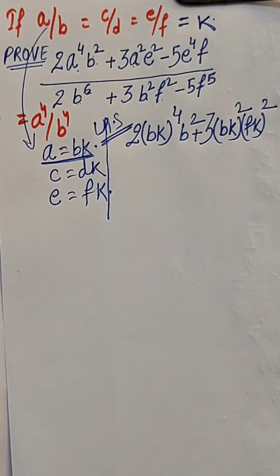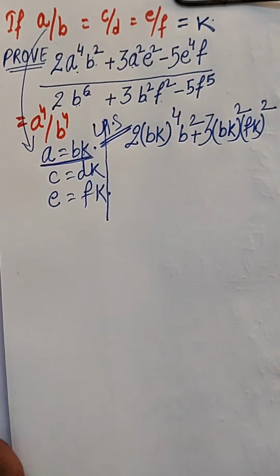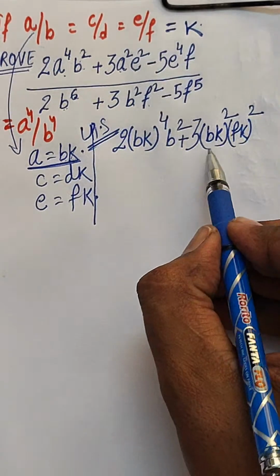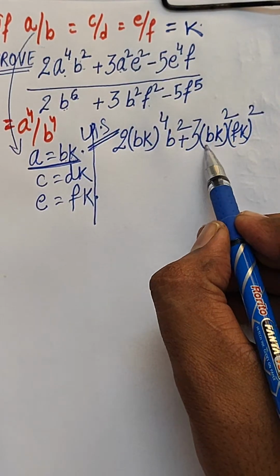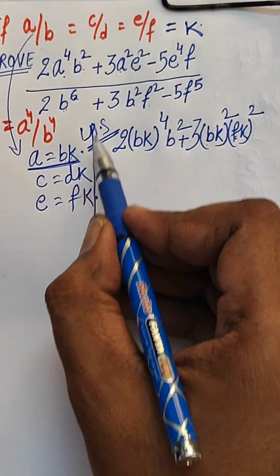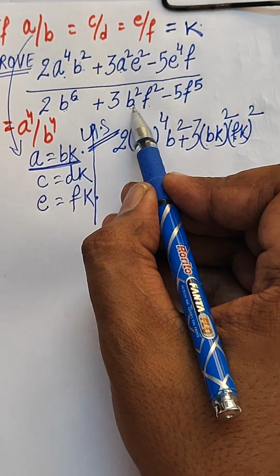The benefit of this is that you can see b and f in the second term over here, and b and f in the second term of the denominator.